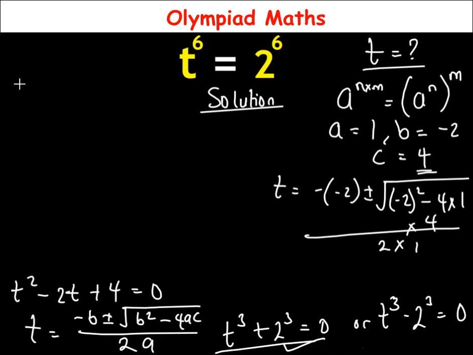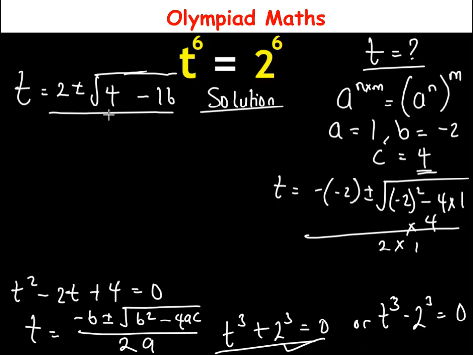So with this, t is equal to minus times minus 2 is plus 2, plus or minus the square root of minus 2 squared is plus 4, minus 4 times 1 times 4 is minus 16, all over 2 times 1 is 2. So t is equal to 2 plus or minus the square root of 4 minus 16, which is minus 12, all over 2.